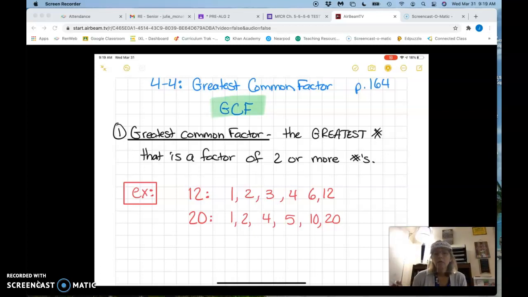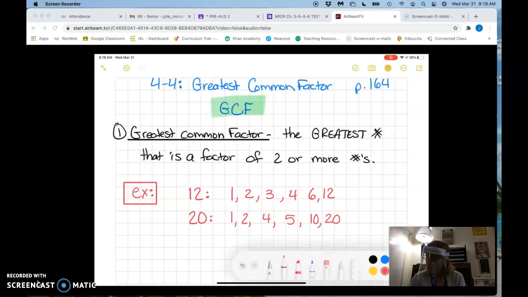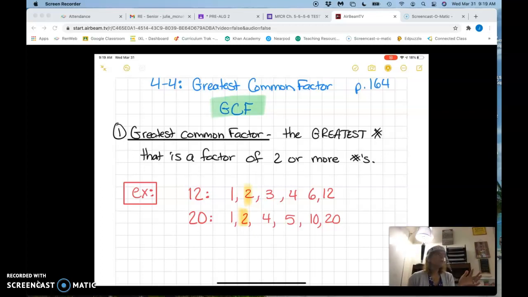Now, I'm going to look for the greatest common factor. Here's the thing. I see that they both have a 2, but we have to see if there's something bigger because we're looking for the greatest common factor. Is there something bigger than 2 that they both have in common? 4. They both have a 4, so that's going to be my GCF.